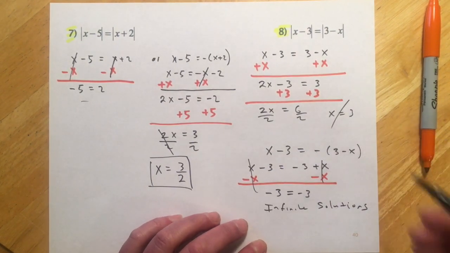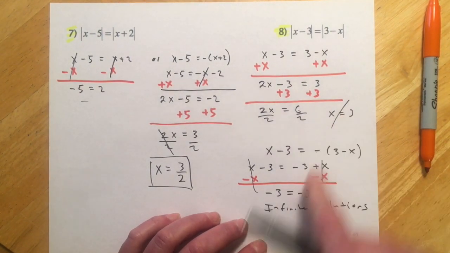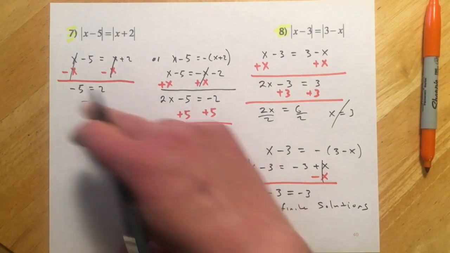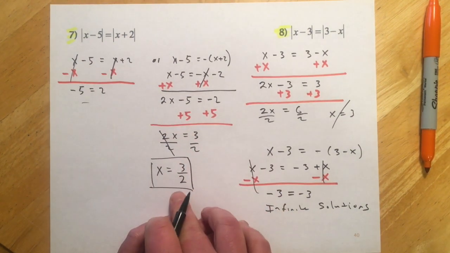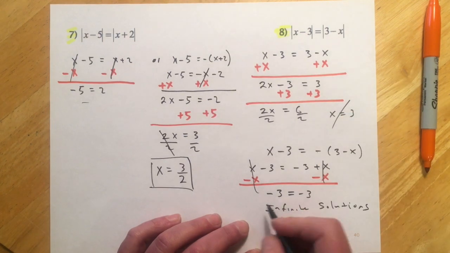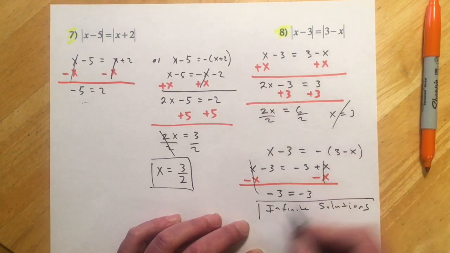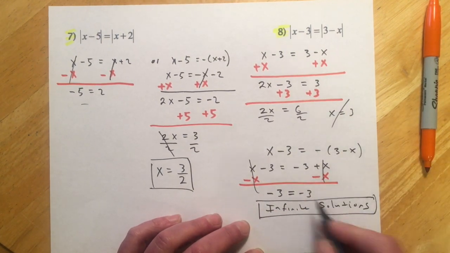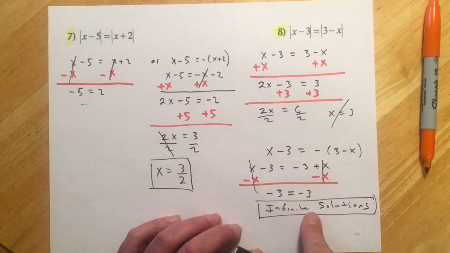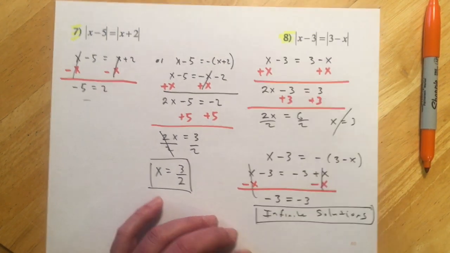And this one isn't terribly exciting because 3 is a part of infinite solutions. So here we got the no solution on this branch, but got 1 answer. Here I got 1 answer, but then the other branch said everything's an answer. So for this, you'd put down infinite solutions.